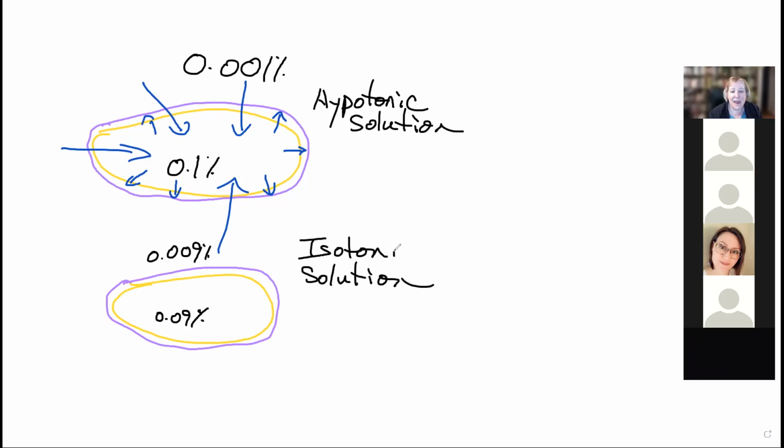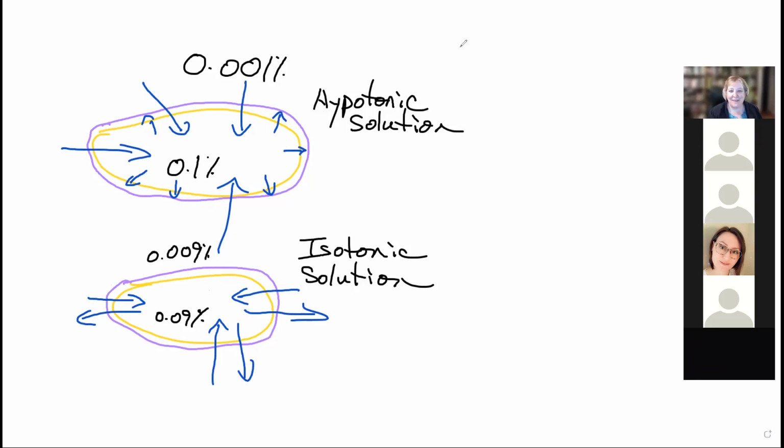Isotonic. And where's the water going? This one's a little harder. Doesn't it just kind of flow in and flow out? It does. It flows in and out equally. Water bounces in, it bounces out, but the party here is the same there, so you may as well mingle.